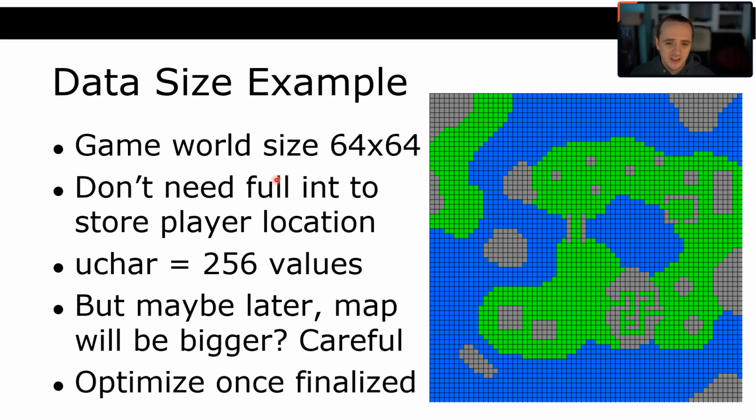It's probably the case that if you're working with ints, it's going to be the exact same running speed as if you were working with chars anyway, okay? And that's to do with the way that, for example, if you pass a char into a function, it's actually passing 4 bytes or 32 bits anyway. So this is just an example of an optimization. It's not necessarily one that you would want to do all the time, okay?